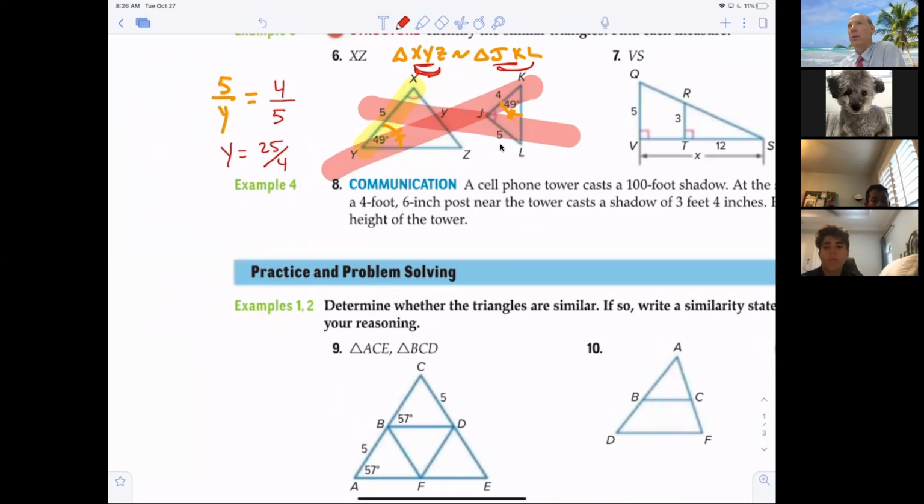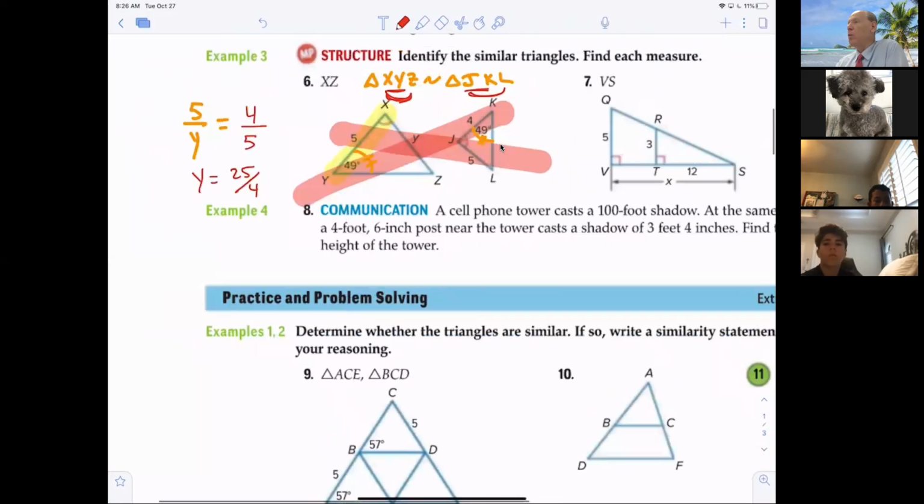Everybody okay with that? Remember, I'm just trying to show you how if you only look at the triangles, you can get the corresponding parts of the sides mixed up. How did I get what? What's 5 times 5? Yeah, all it is is cross multiplying, dividing, solving a proportion.